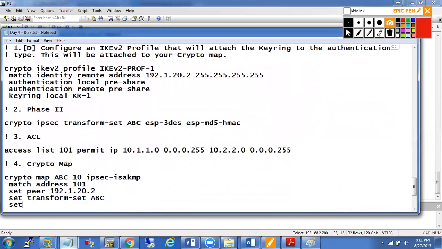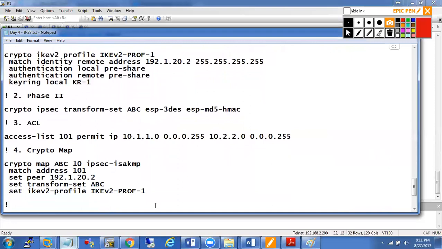That's where I need to call the IKEv2 profile, which I called IKEv2 prof1. So this is where it ties it up to IKEv2 rather than doing normal IKEv1, which is ISAKMP. This is what makes it call the IKEv2 profile. That's the difference in the crypto map.